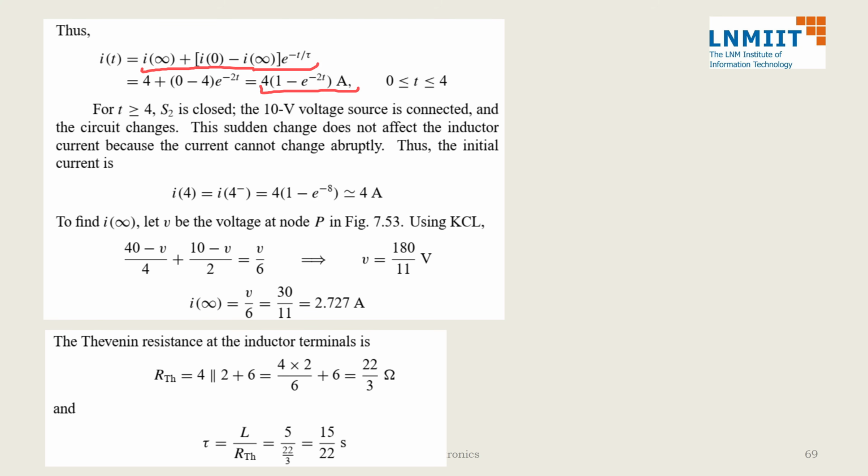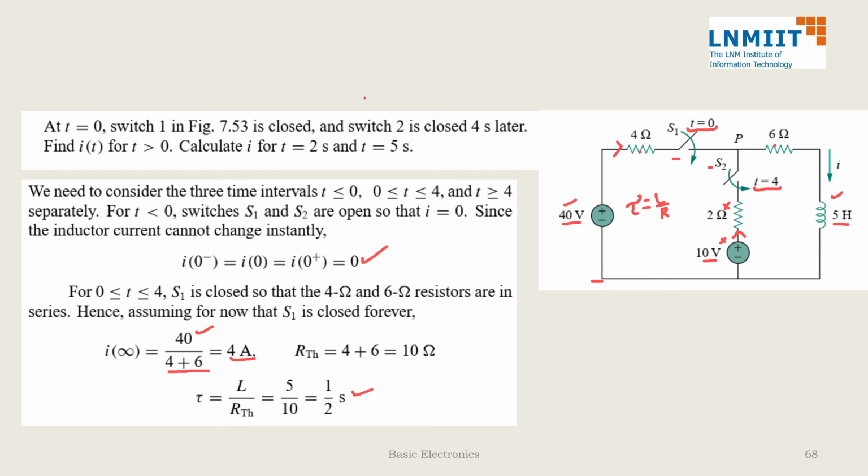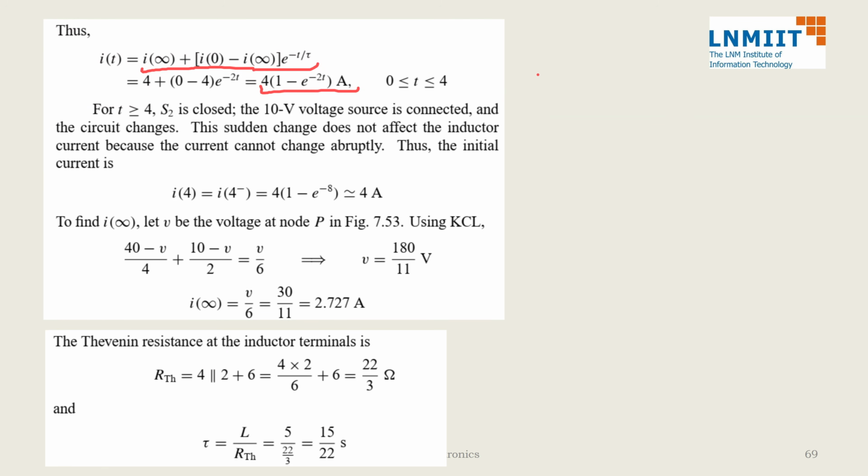Now this equation should have survived from 0 to infinity because that is our assumption. But at t equal to 4, another source is attached, and that means we will have to truncate this equation at t equal to 4. That is why it is from 0 to 4. Now at t equal to 4, what is the value of current?